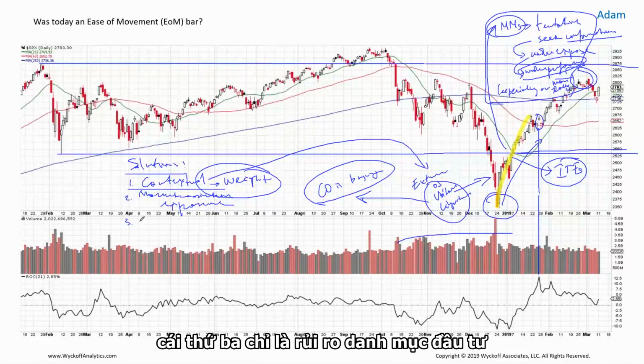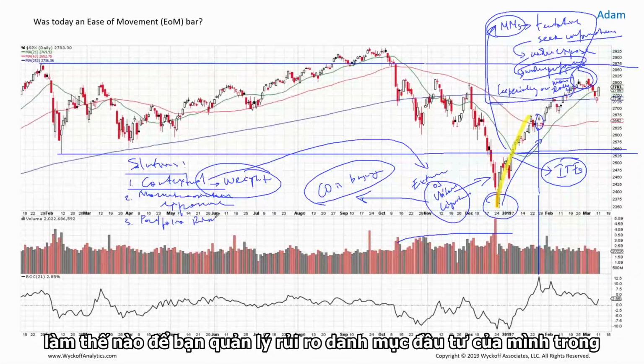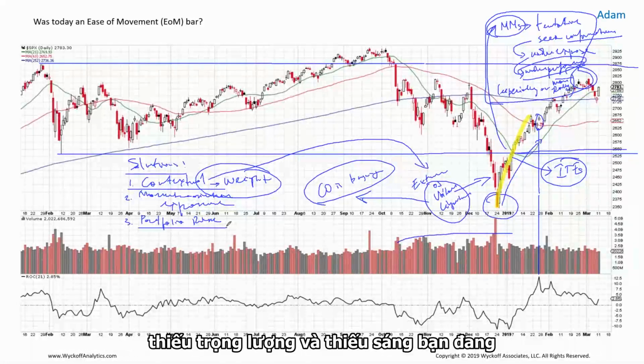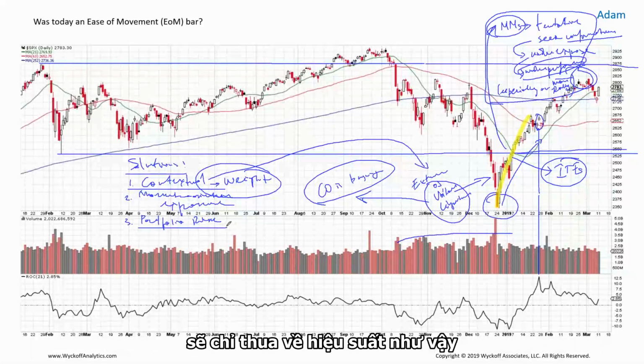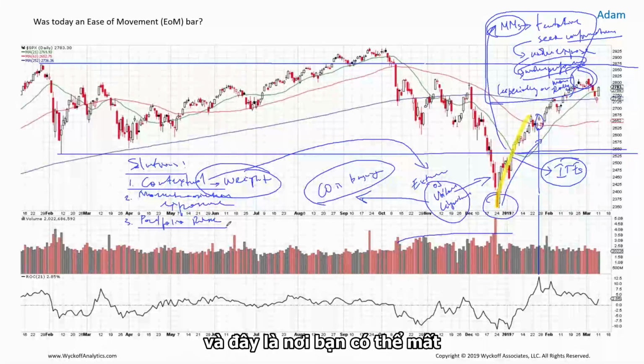Then the third one is just portfolio risk itself. How do you manage your portfolio risk in this environment? If you are underweighted and underexposed, you're going to lose just on underperformance. For money managers, just making money is not enough. You're always being measured against the market and against your peers, and this is where you could lose your job as well.